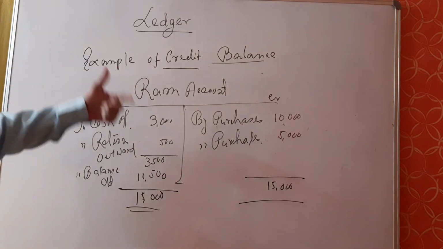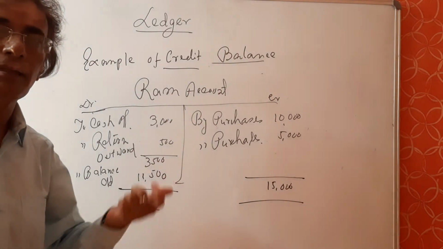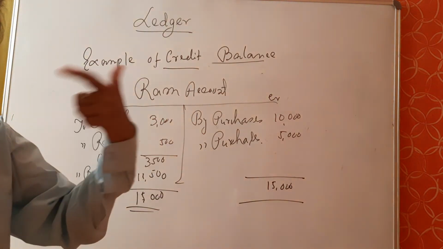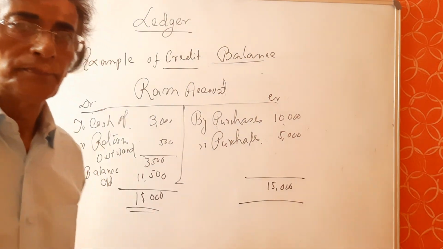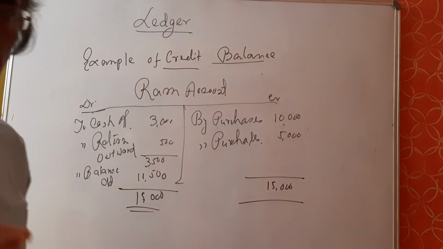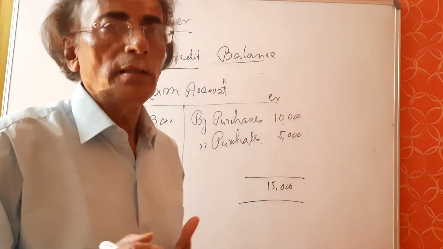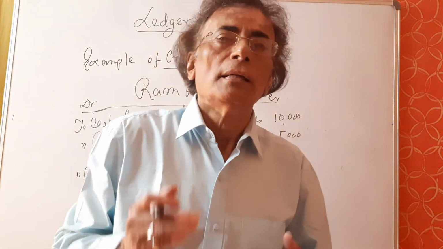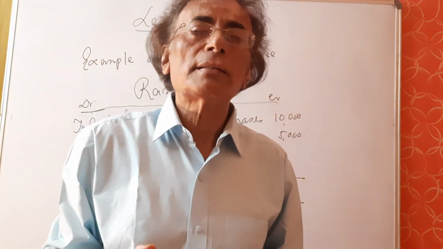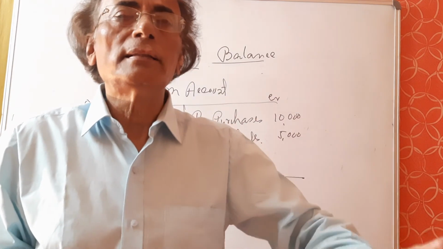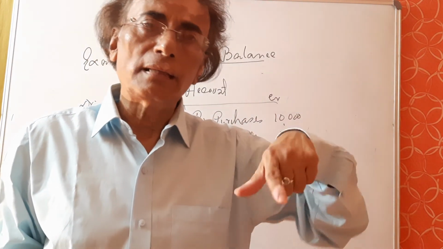Now I shall repeat the lecture we have just given to you in terms of the definition of balance, debit balance and credit balance. What is balance? Balance is the difference between two sides of a ledger account in terms of its value. And what is debit balance? If the debit side of an account is higher than its credit side, it represents debit balance.